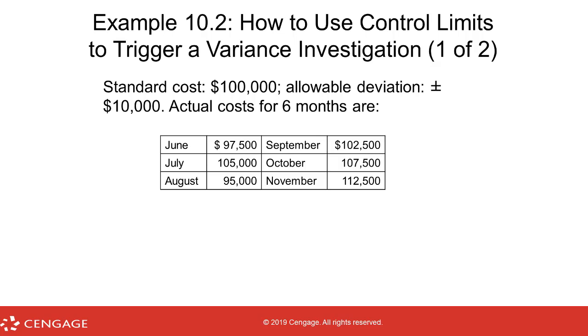We figured out that the standard deviation is plus or minus 10,000. And so if we look at the standard product costs over these 6 months, only one of the months, November, falls outside of the control limit set. So when we ran a report for November, hopefully that would come up, or we'd automatically get an email saying that the standard cost has exceeded the normal allowable deviation for that month.